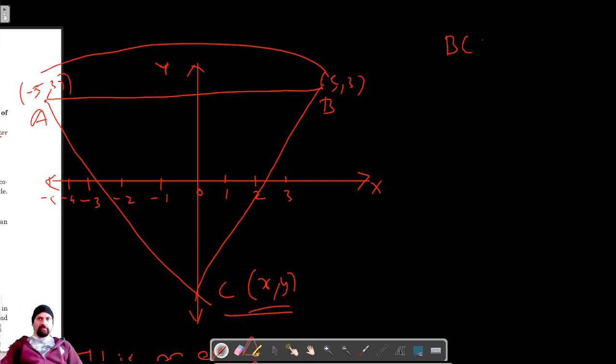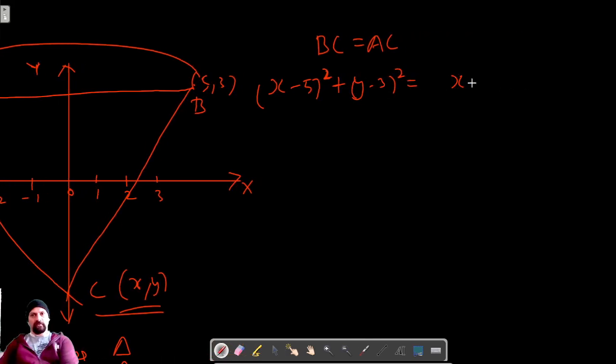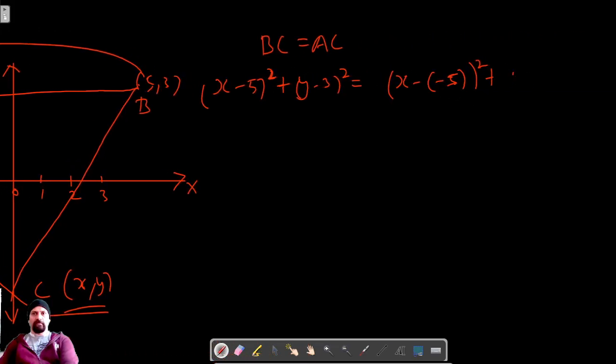Now let's equate BC and AC. BC is x minus 5 the whole square plus y minus 3 the whole square, and AC is x minus of minus 5 the whole square plus y minus 3 the whole square.